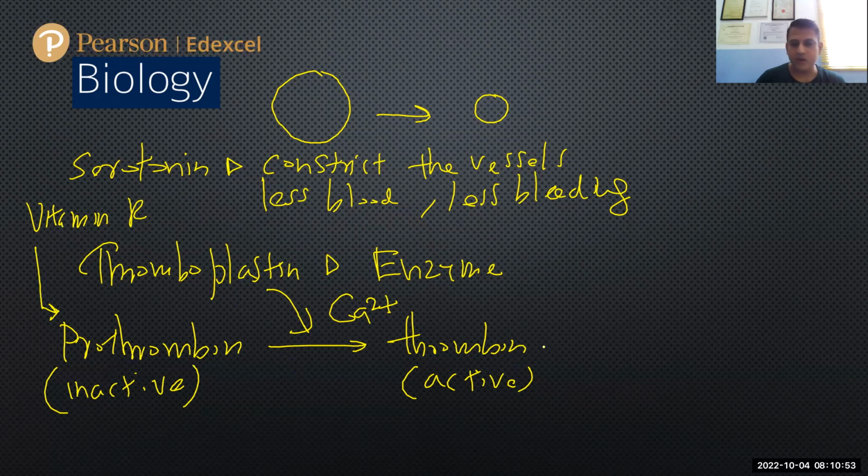Next, what is the role of thrombin? So the process starts: platelets activate, platelets release thromboplastin, thromboplastin catalyzes the reaction of prothrombin to thrombin. Next, thrombin acts as an enzyme.